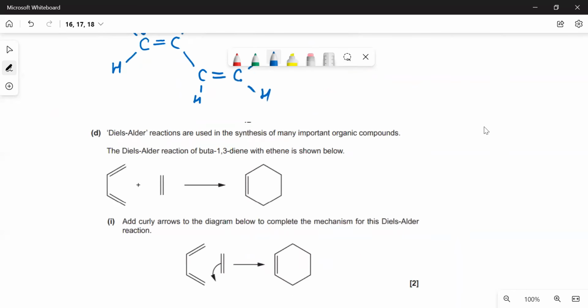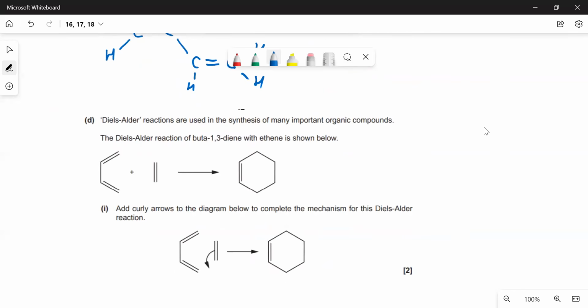Okay, here's this Diels-Alder reaction, which they're telling you what it is. You don't need to know about it beforehand. You get butadiene and ethene, and you'll form cyclohexene there. Add curly arrows in the diagram to complete the mechanism. So that curly arrow is going to go there, and that's going to form this new single bond there.